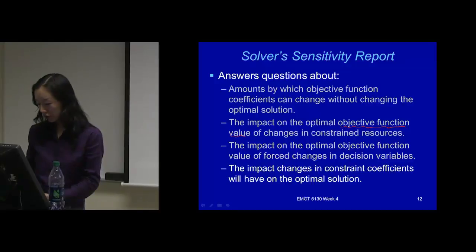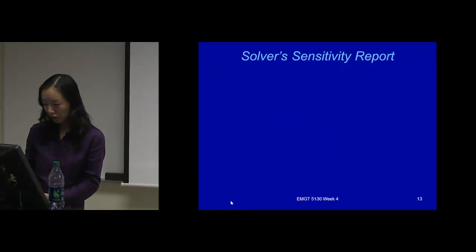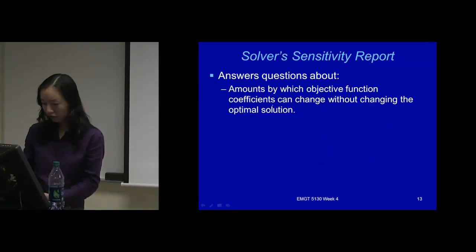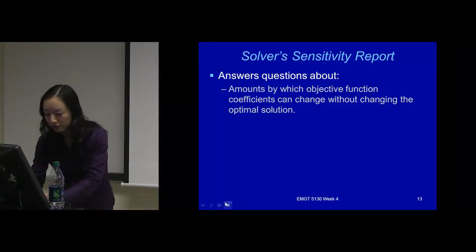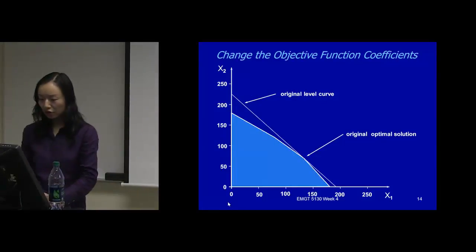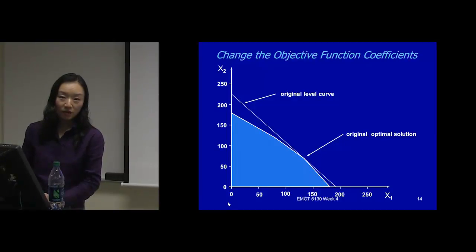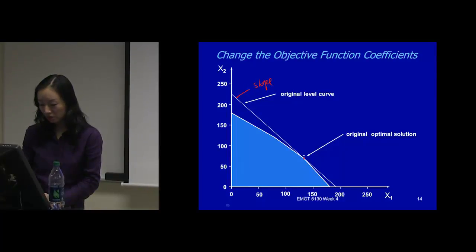And the impact changes in constraint coefficients will have on the optimal solution. So we'll talk about the first one, objective function coefficients. If we look at the graphical solution, we said that the objective function coefficient is related to the slope of this level curve.